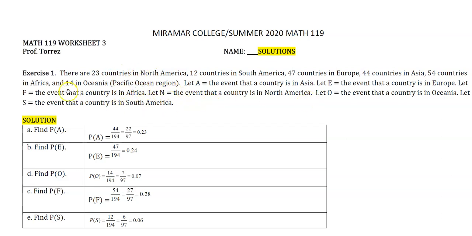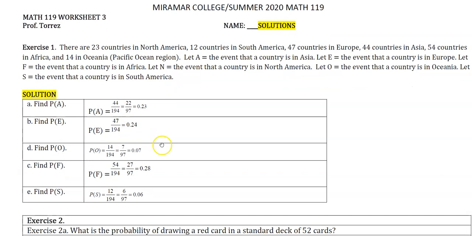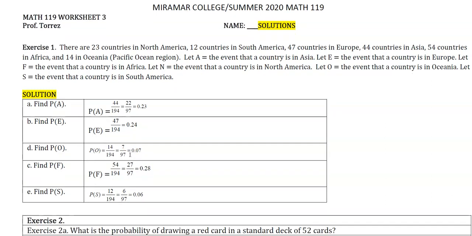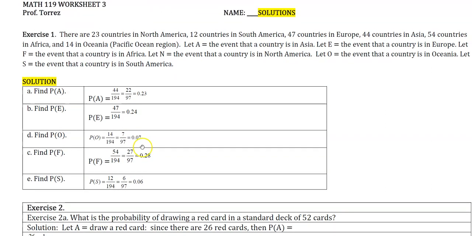If we add up the number of countries given in this problem, we'll have a denominator of 194. Okay? I won't go through all of these calculations. Most of you did this correctly, but I just wanted to set the stage for how we would use relative frequency, which is a term that we've already introduced several times in the preceding worksheets.